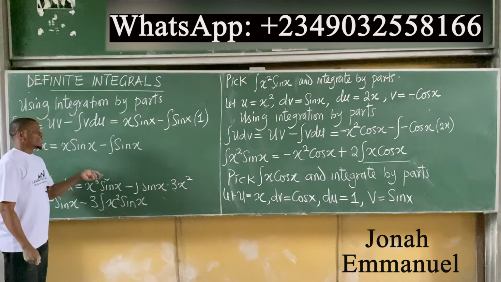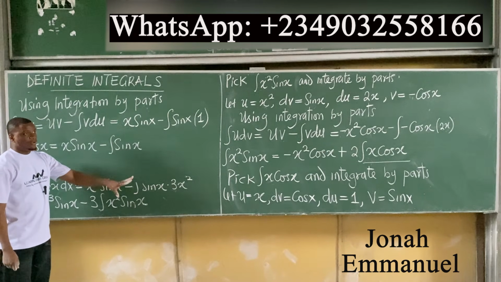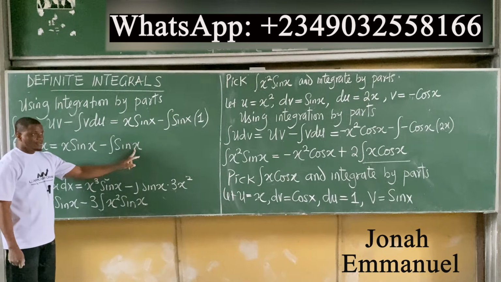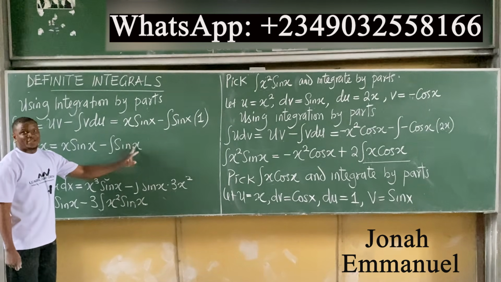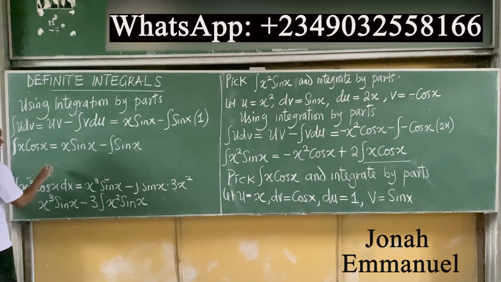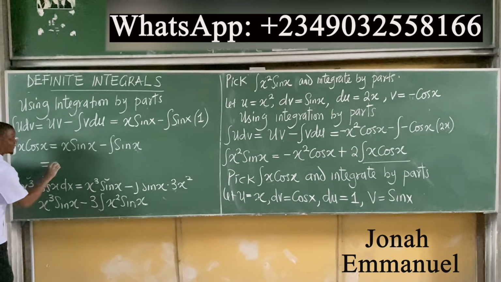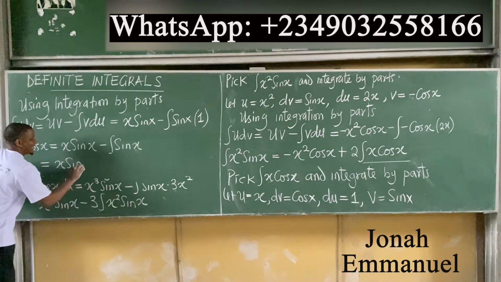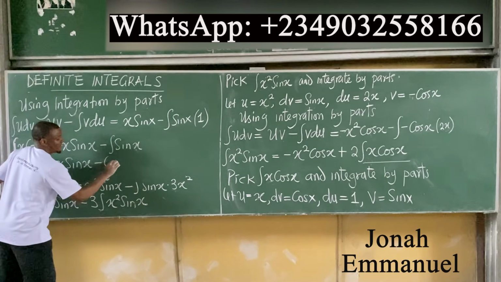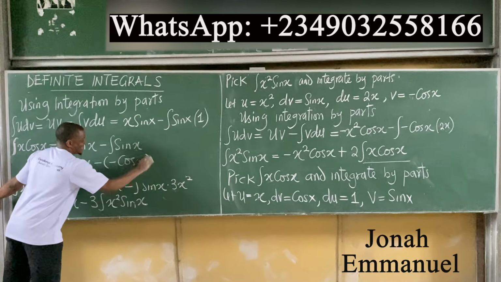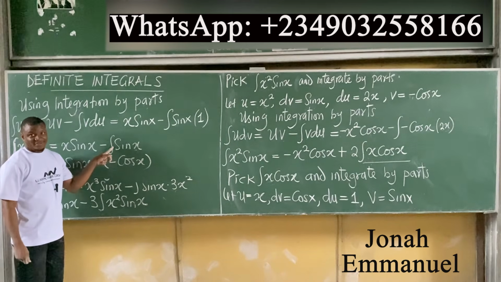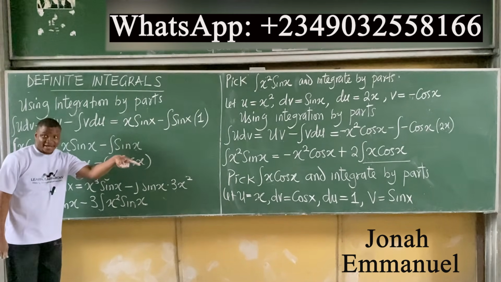I am supposed to say pick this one and solve, but the integral of sine x is what? Minus cos x. So it has an answer. We are done. So this becomes x sine x minus, integral of sine x gives you what there? Minus cos x. The luck we have here is that there's no x term here. If not, we would have repeated.